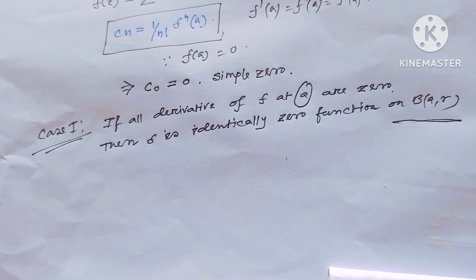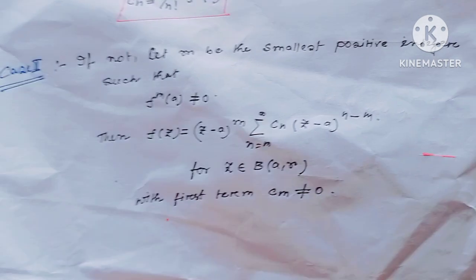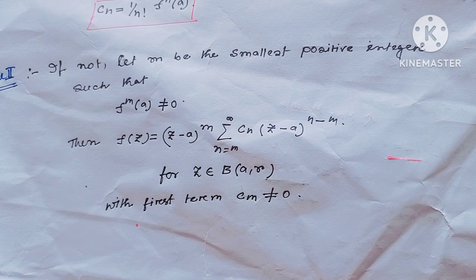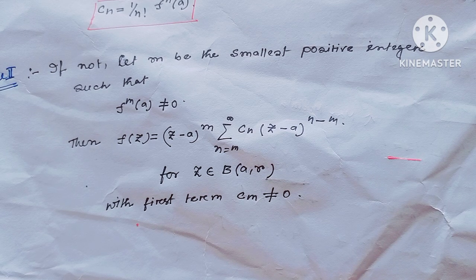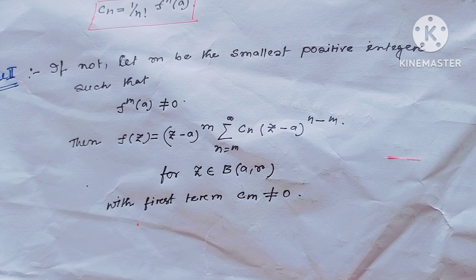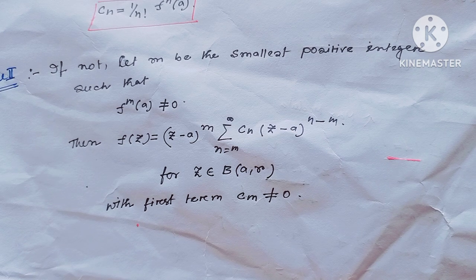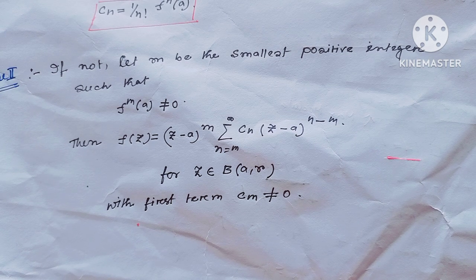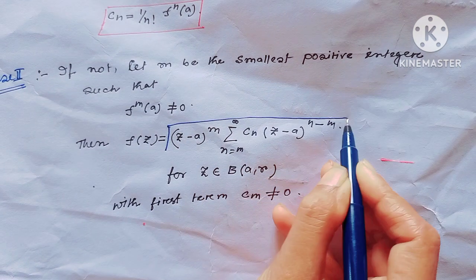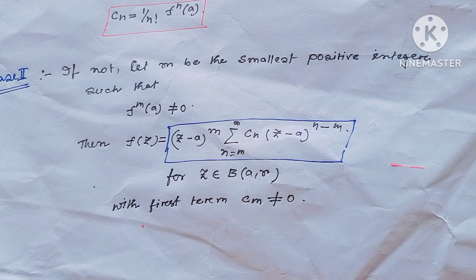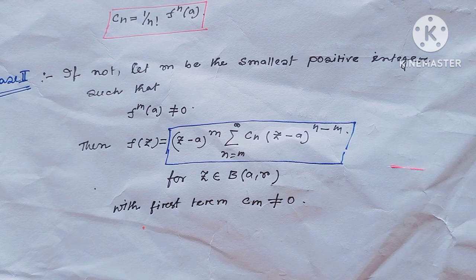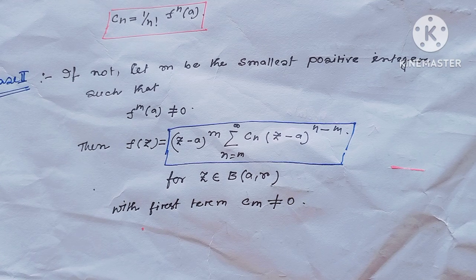So if not, if f'(a), f''(a), and all derivatives are not identically 0, let m be the smallest positive integer such that f^(m)(a) is not equal to 0. Then f(z) = (z - a)^m times the sum from n = m to infinity of c_n (z - a)^(n-m) for z in B(a; R), with first term c_m not equal to 0.